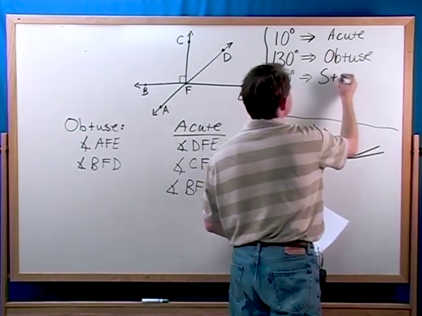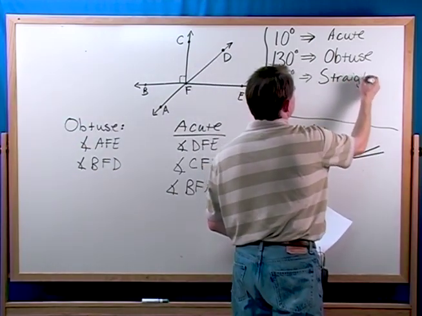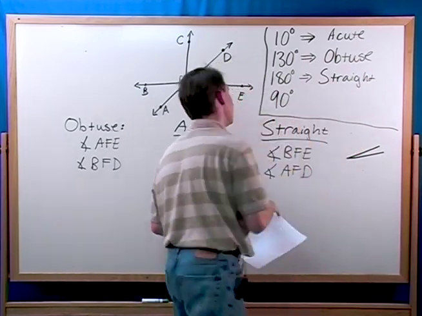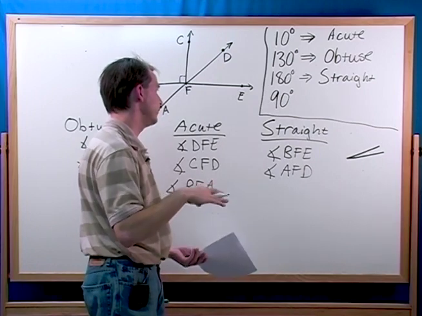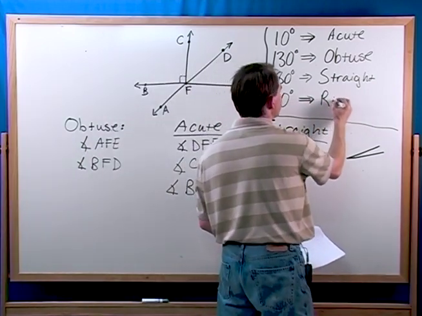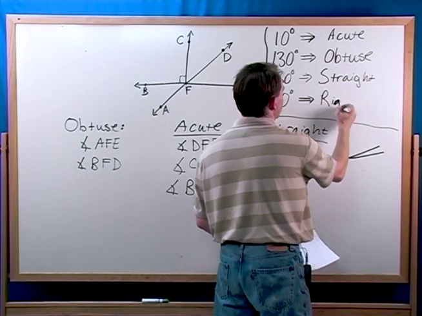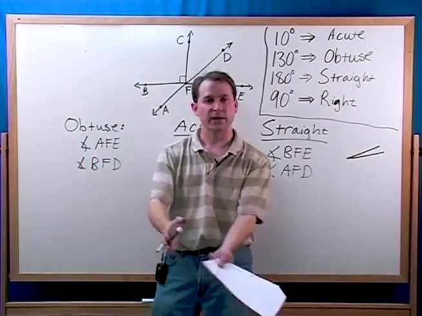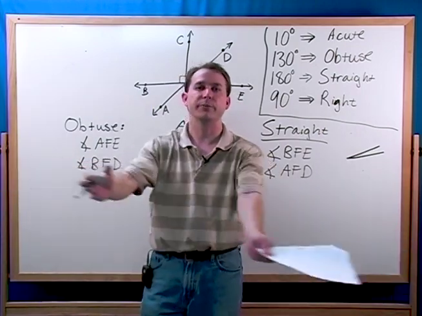Straight angle. And finally, if you have 90 degrees, well, what is that? Is it acute? No. Is it obtuse? No. It's exactly equal to 90, so that is a right angle.